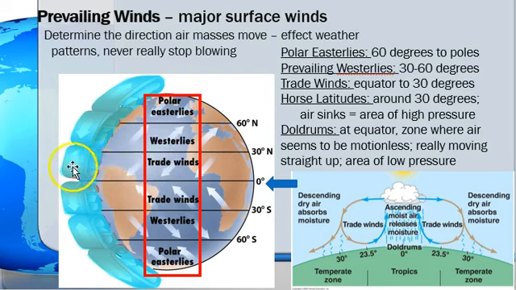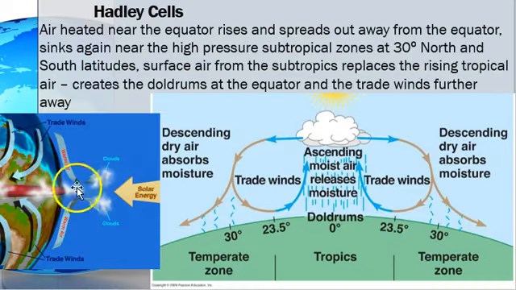Now we want to look at some of the larger convection cells that are coming higher up the surface that are really causing these. So the first of those, the ones close to the equator, are called the Hadley cells. And the Hadley cells occur when the air that is really hot near the equator rises and spreads out and gets further and further away from the equator. So you have this low pressure zone, it's rising here, it's getting further away, and then it's sinking again near the high pressure tropical zones at those horse latitudes, at those 30 degrees north and south.